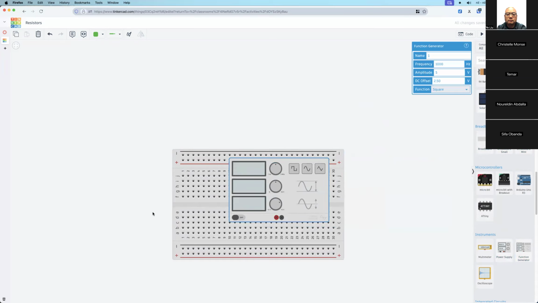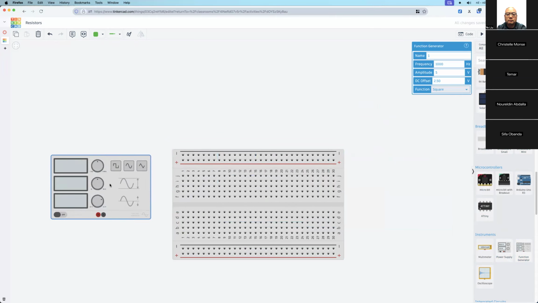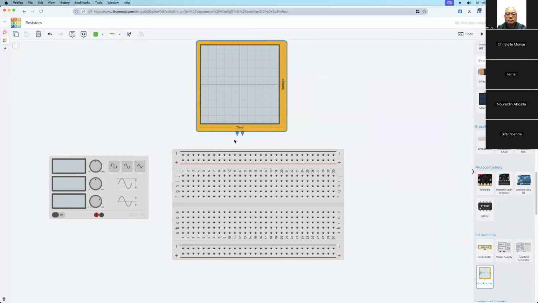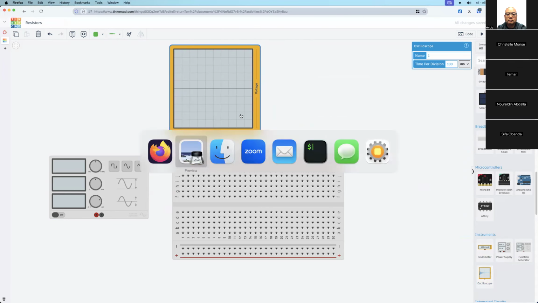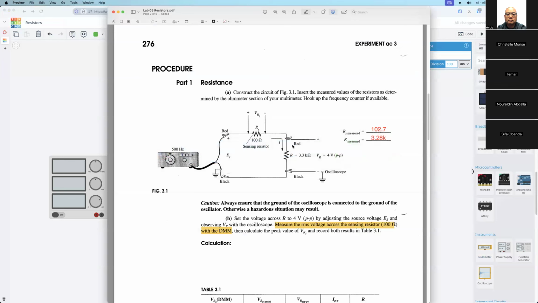Then we also need an oscilloscope. Actually, we need two oscilloscopes, because here we need to measure the voltage across this 3.3 kilo resistor first, and we measure this one using an oscilloscope.